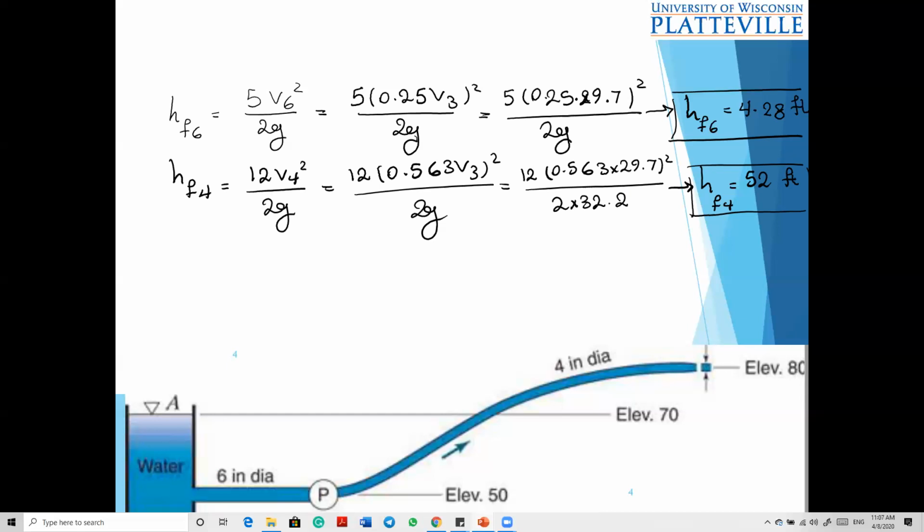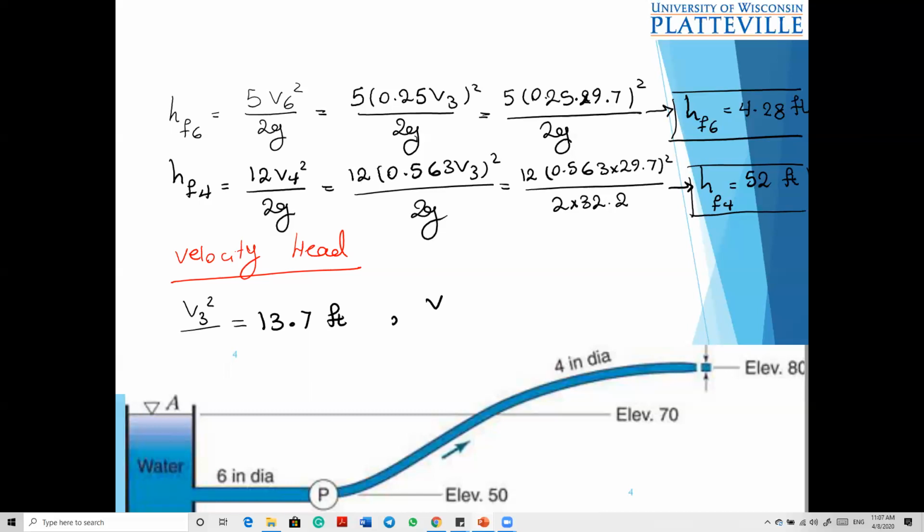All right, next step is to find velocity head, because we need all these things to draw the energy grade line and hydraulic grade line. So let's find out what is the velocity head. Velocity head for V3 is 13.7 feet.